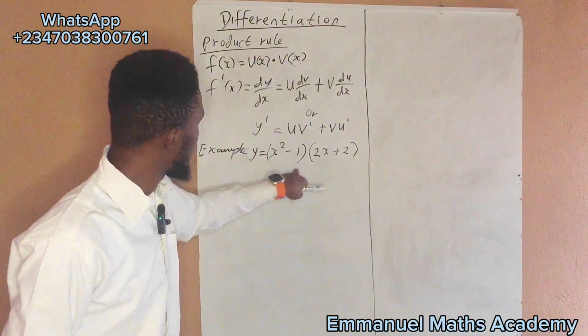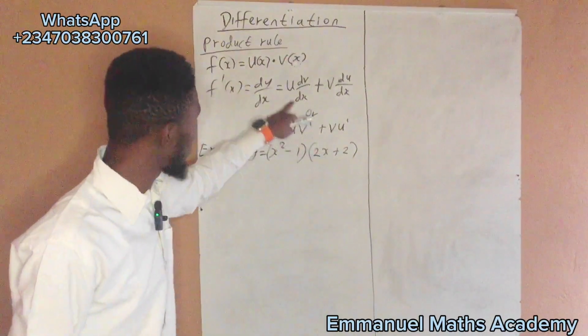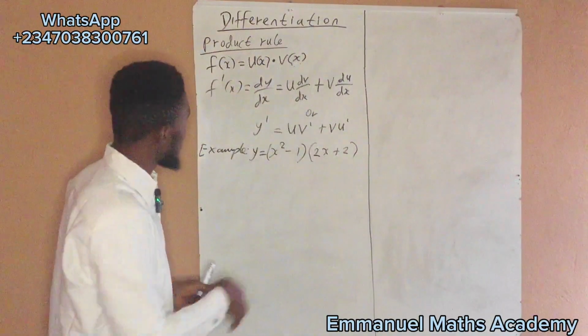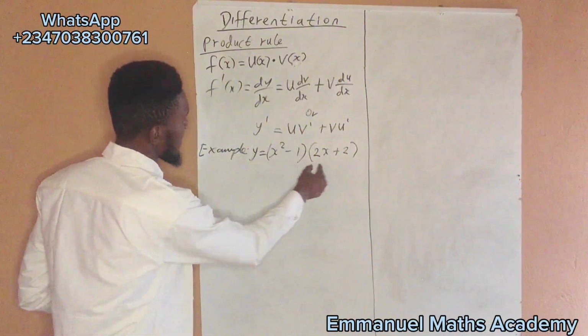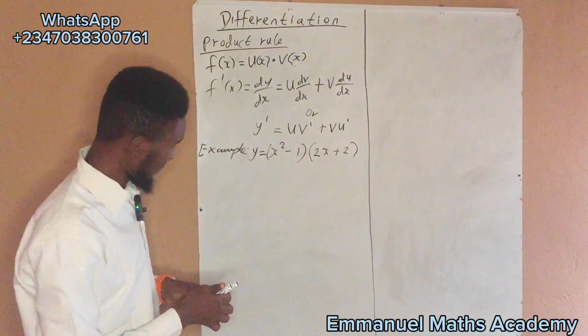We solve this, you differentiate this. When you are asked to find the derivative of this, we differentiate using the product rule, reason being that this function here is multiplying this. That's why we'll be using the product rule.